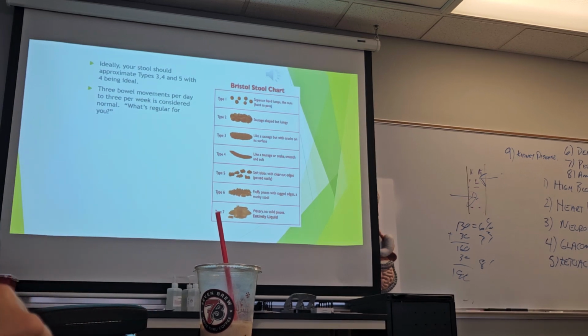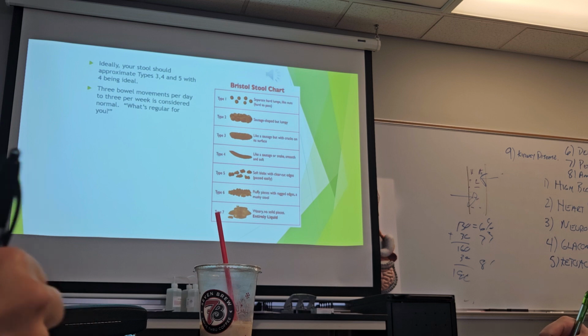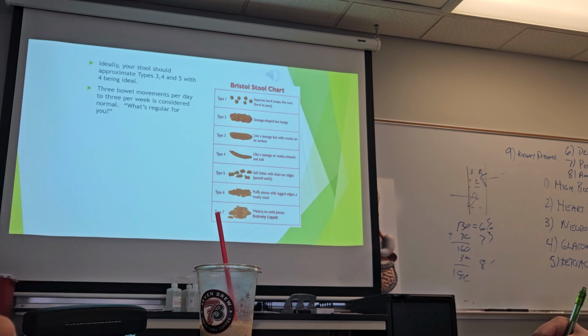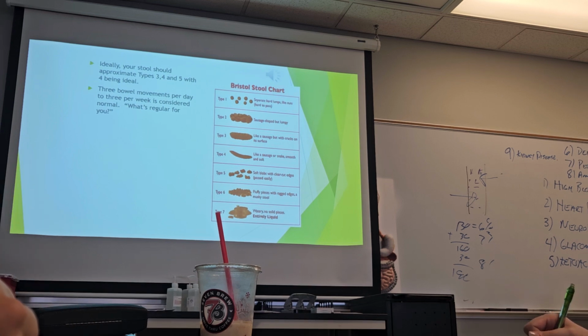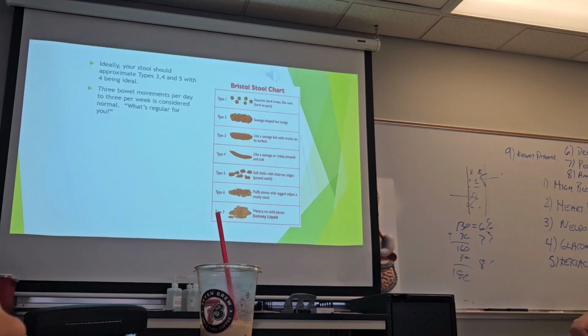What does charcoal colored feces mean? Internal bleeding. What's the difference between peristalsis and segmentation? We didn't go over that really hard. Anybody know what peristalsis is? Forward movement. Use the words forward movement of food through the GI tract.